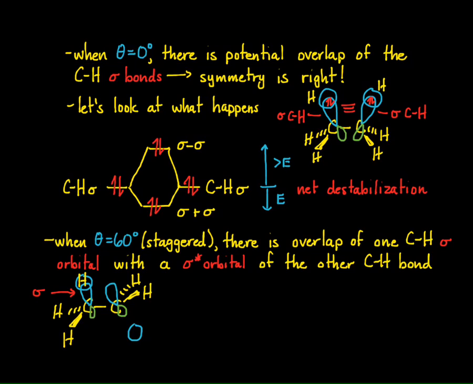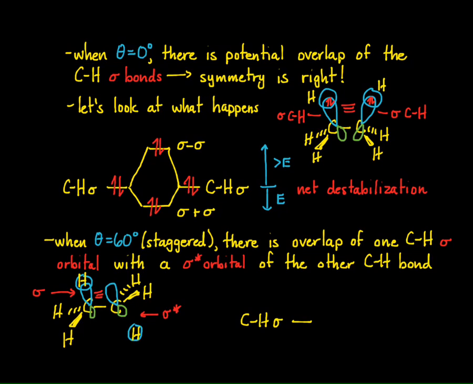Notice the in-phaseness of that sigma star with the sigma bond of the carbon-hydrogen bond on the left. So here I have hydrogen, and that is a sigma star bond. Notice the out-of-phase orientation of the 1s orbital of hydrogen with the sp3 orbital of carbon. But the cool thing is that there is overlap between the sigma carbon-hydrogen bond and the sigma star carbon-hydrogen bond of the other carbon.